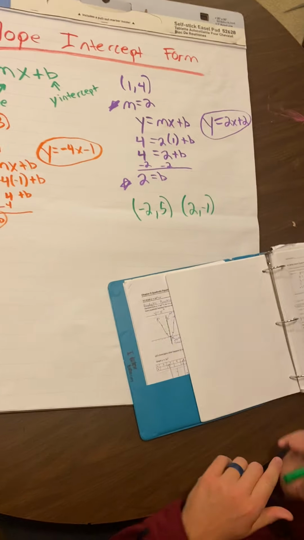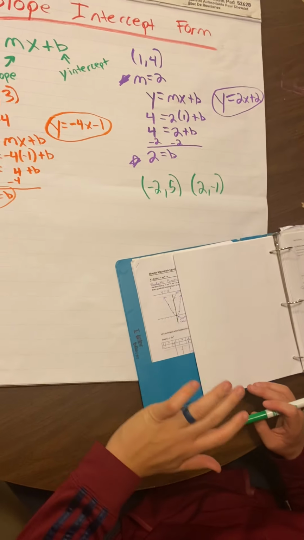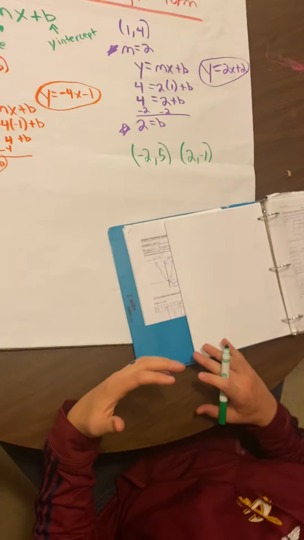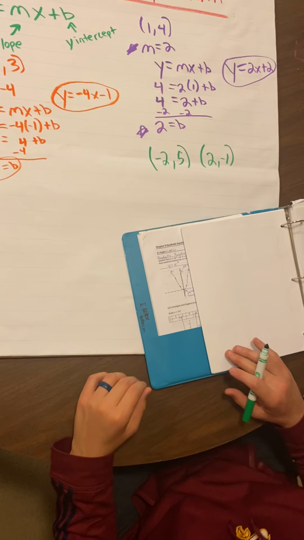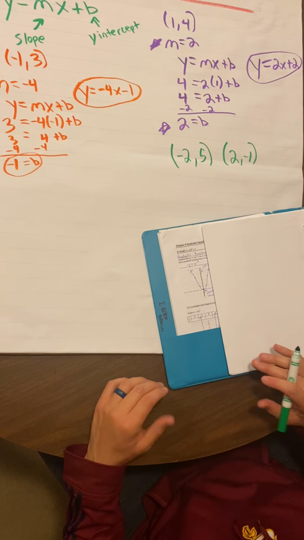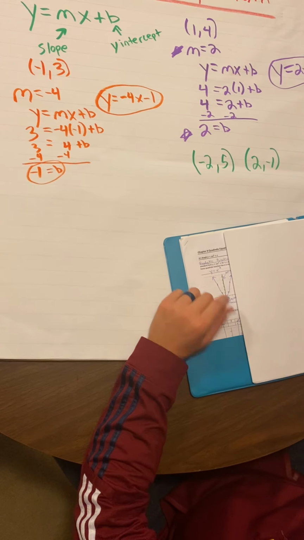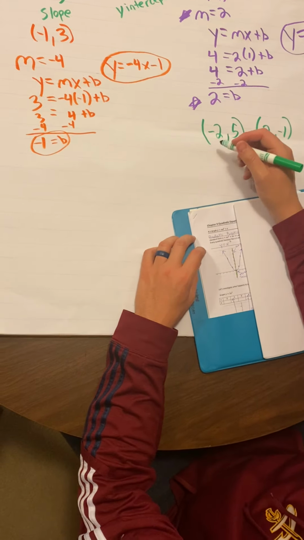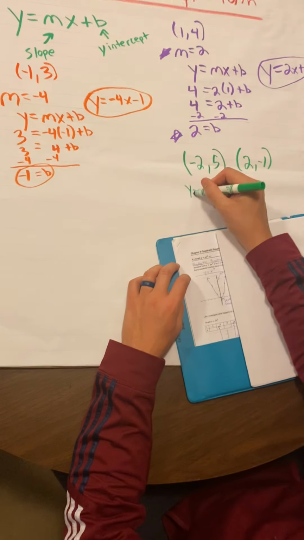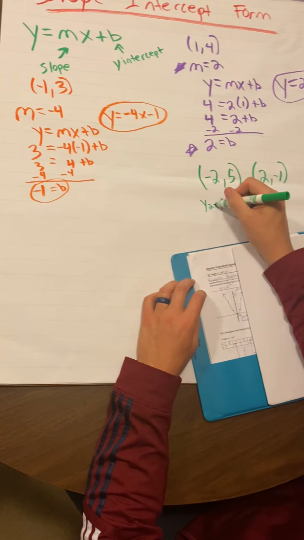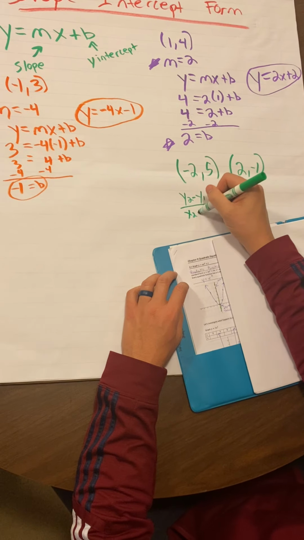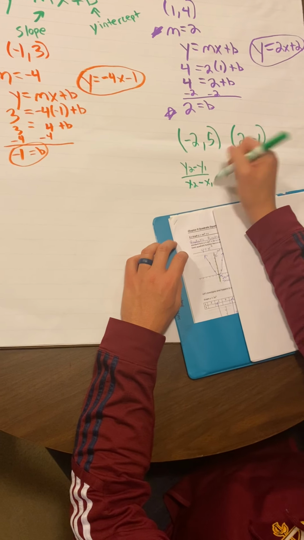So we're given 2 points, but what we don't have is a y-intercept or the slope. So the first thing we need to do is find out what the slope is. If you guys remember this from pre-algebra, our formula to find slope is y2 minus y1 over x2 minus x1.